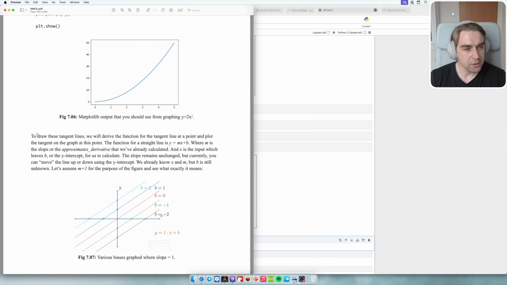To draw these tangent lines, we will derive the function for the tangent line at the point and plot the tangent on the graph at this point. The function for a straight line is y equals m multiplied by x plus b, where m is the slope or the approximate derivative we have already calculated.